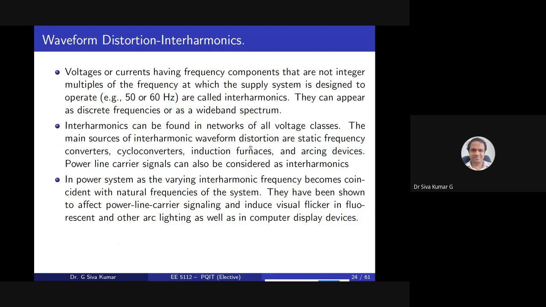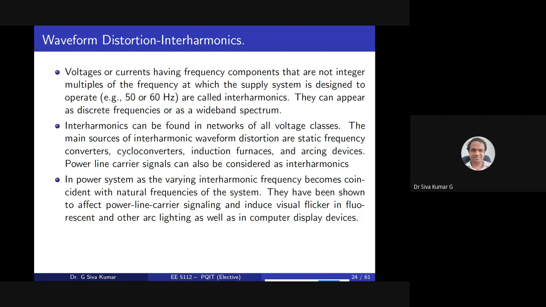Okay, the main sources of the interharmonic waveform distortion are static frequency converters, cycloconverters, induction furnaces, and arc devices. Especially when you are talking about induction arc furnaces and arc devices, these are loads which change intermittently.